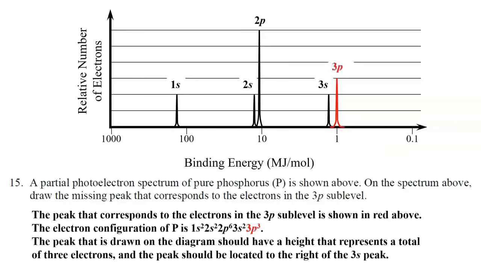So the peak that corresponds to the electrons in the 3p sublevel is shown in red on the diagram. The electron configuration of phosphorus, 1s2, 2s2, 2p6, 3s2, and then 3p3. So the peak is drawn on the diagram that has a height that corresponds to a total of 3 electrons in that sublevel. And again, it should be somewhere to the right of the 3s peak.